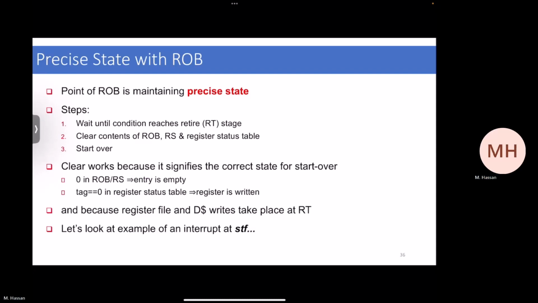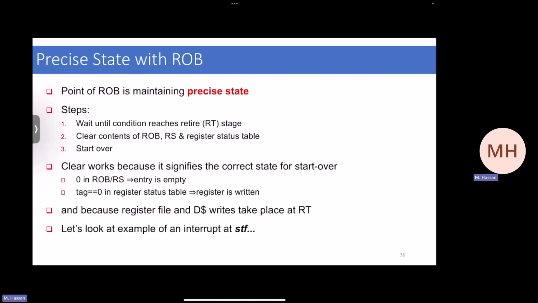What do I do? Based on what we discussed earlier, anything that has already retired is completely done. You don't need to worry about it. Anything that is currently in flight, which means it did not retire, even if it is complete, you basically zero it out, right? So you flush the ROB completely as if nothing happened, which means the load and the multiplication are done already, but even the store, even if you have the result ready, you're not going to write it.